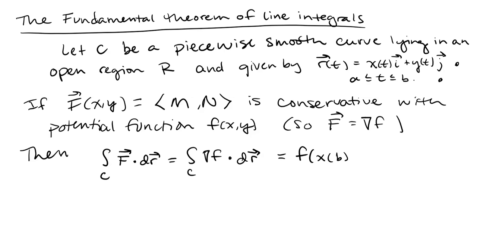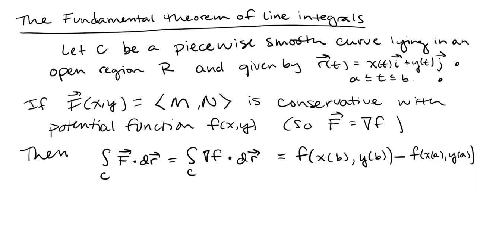So we do f(x(b), y(b)) and subtract off f(x(a), y(a)). What we've done is evaluate f by plugging the t values into x and y.